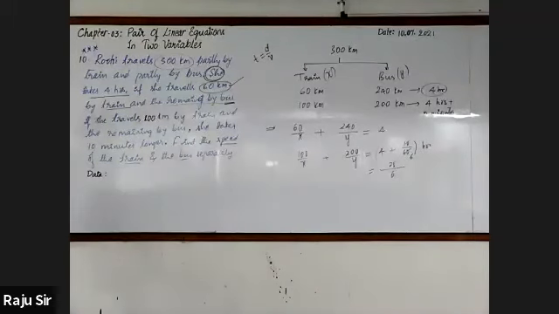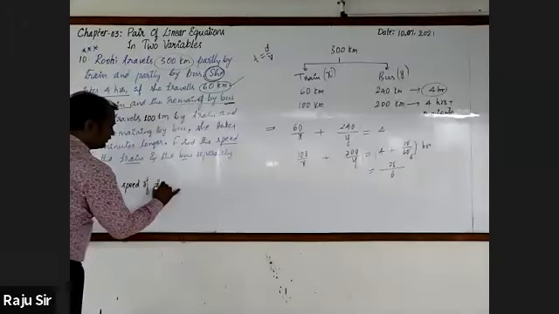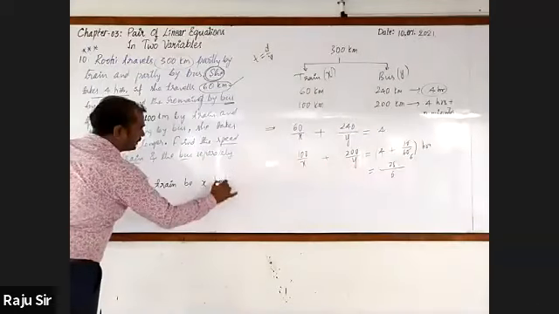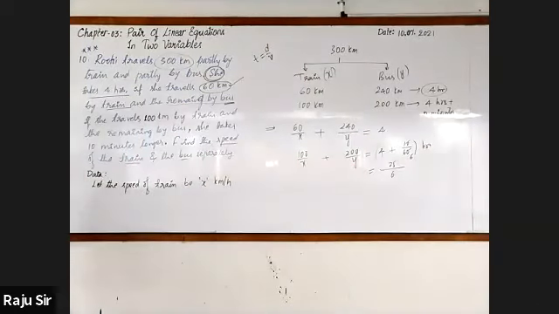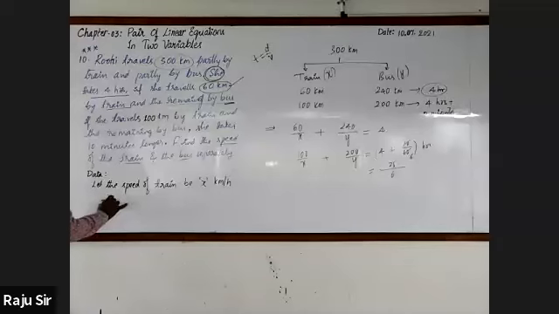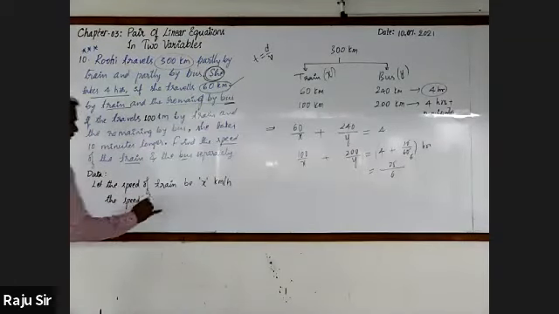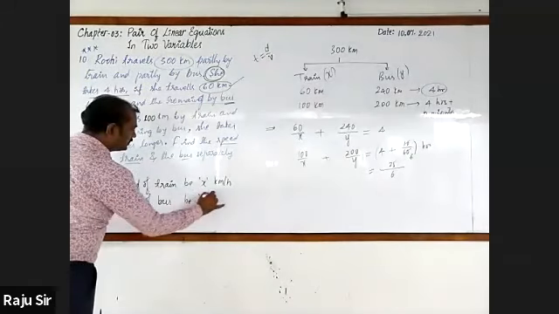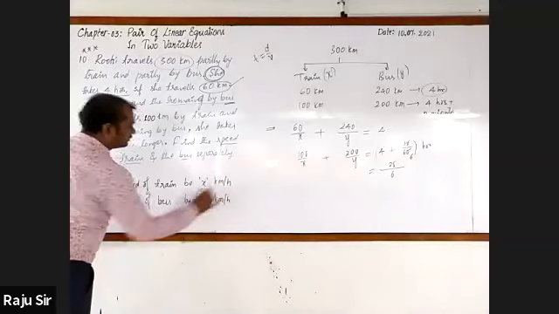Write data. Let the speed of train be x kilometer per hour. Next, and the speed of bus, let it be y kilometer per hour.